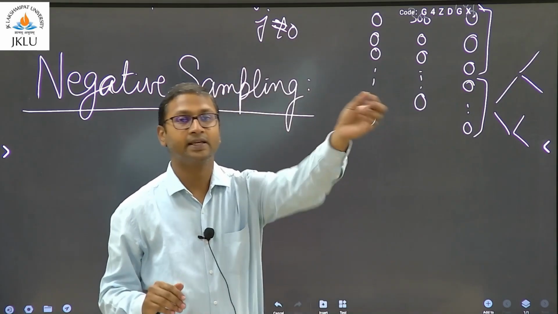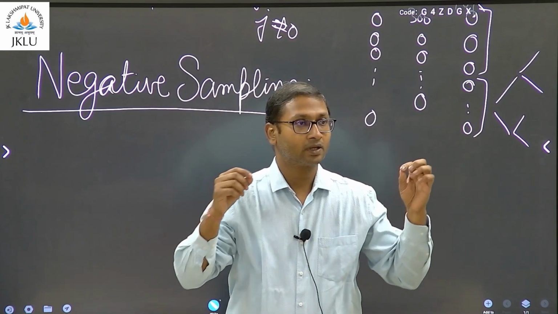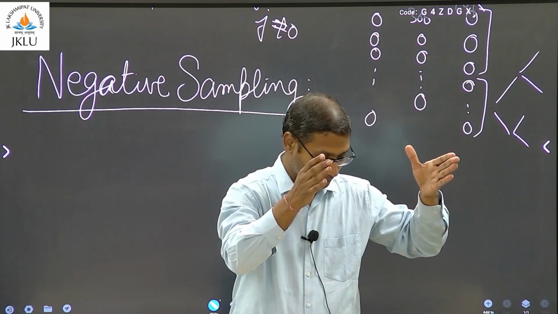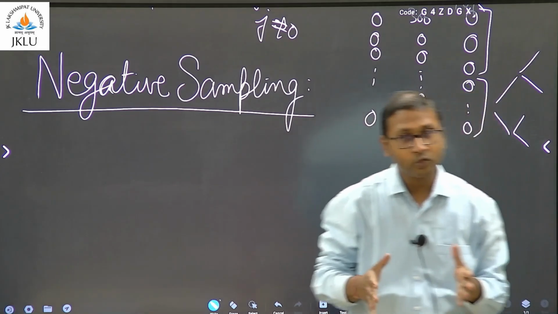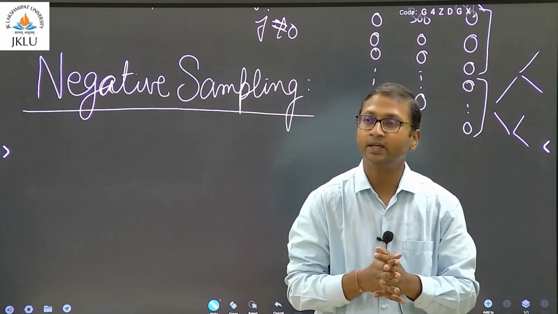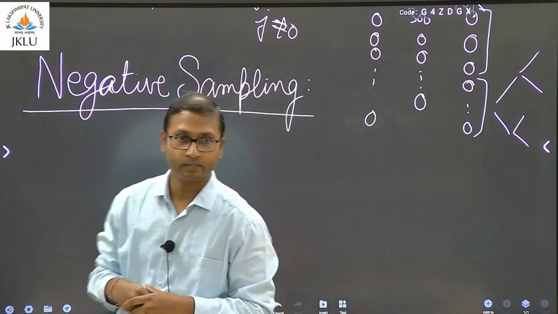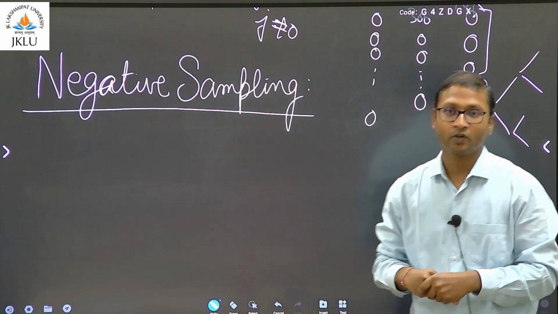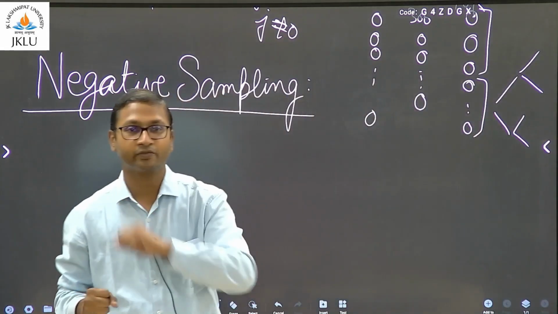So what they say is, for every word you sample some k equal to 5 or k equal to 20 randomly from the vocabulary, and you ask this question whether this particular thing is coming from the data set or whether it is not coming from the data set.